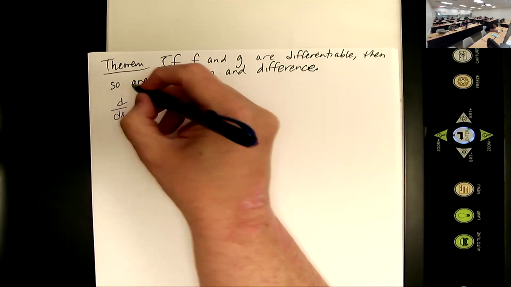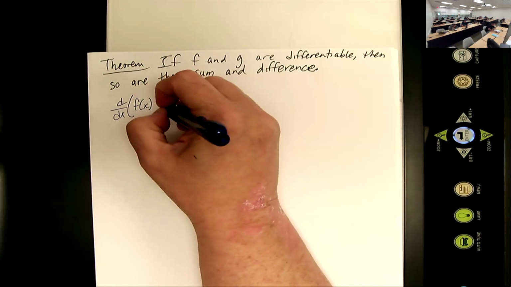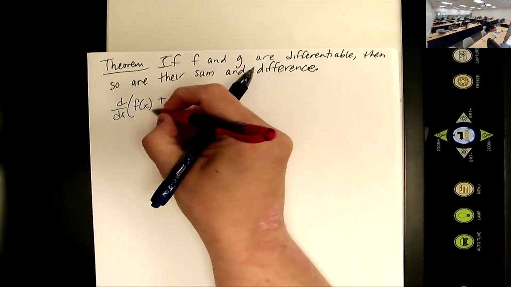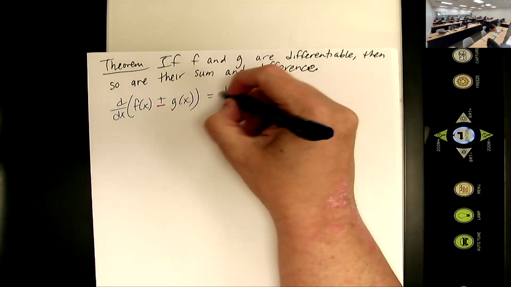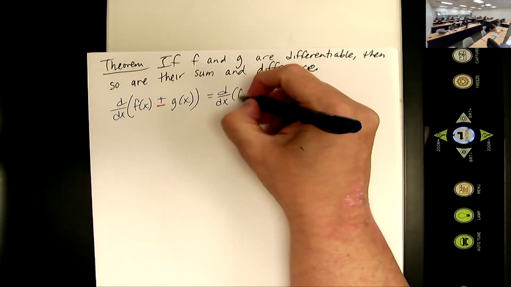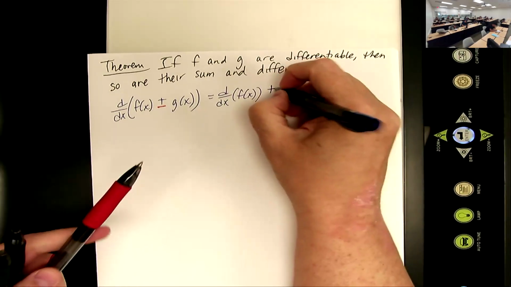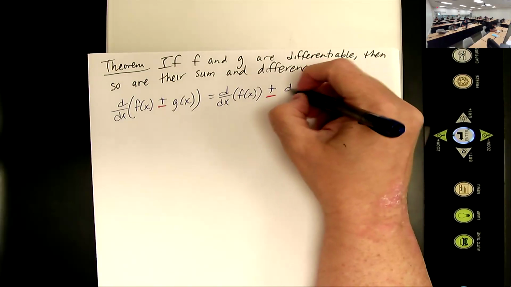The derivative with respect to x of f of x plus g of x, or we can do f of x minus g of x, equals the derivative of f of x plus or minus the derivative of g of x.